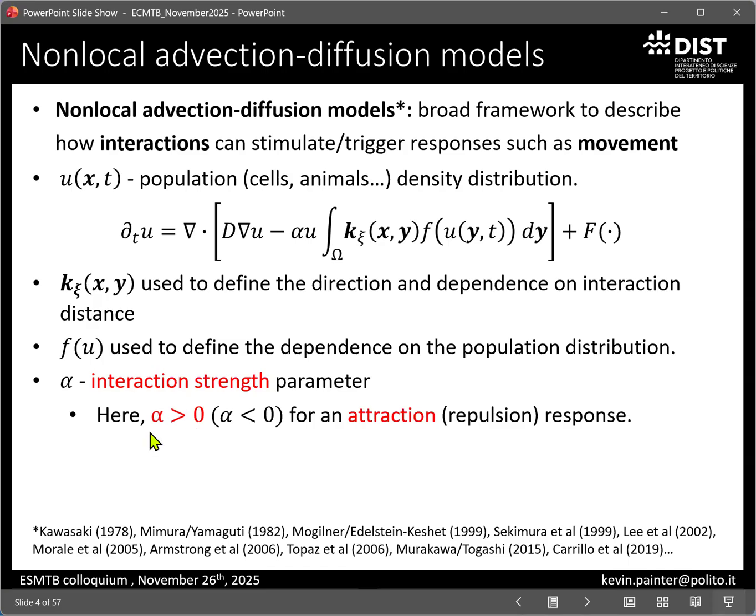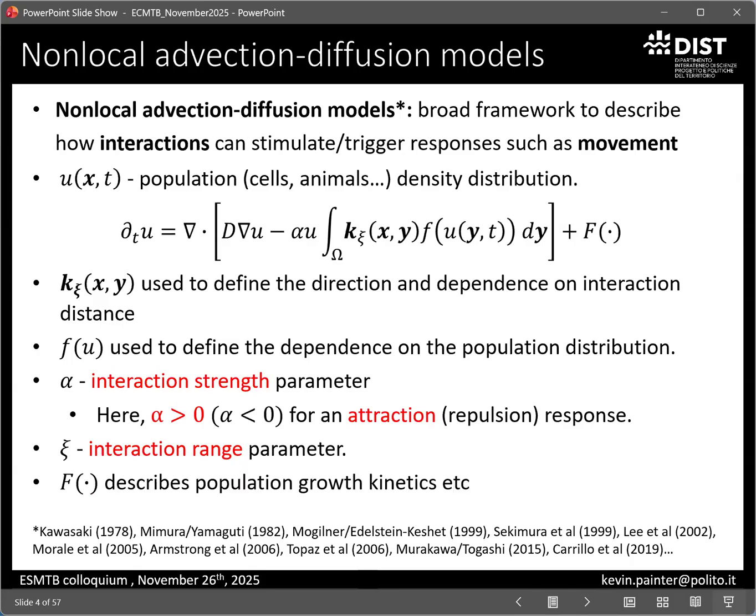Here, alpha greater than 0 would induce an attraction response, alpha less than 0, a repulsion response. And then xi is the interaction range parameter, which effectively describes the range over which these interactions are occurring. And F, finally, of course, describes the standard population growth.